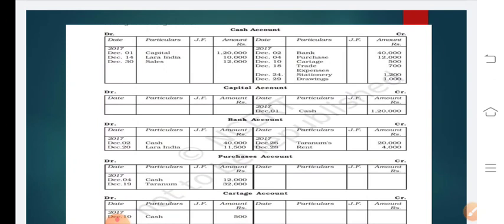Since cash here was being credited, we write at the credit side but the name of the debit, that is by bank account.